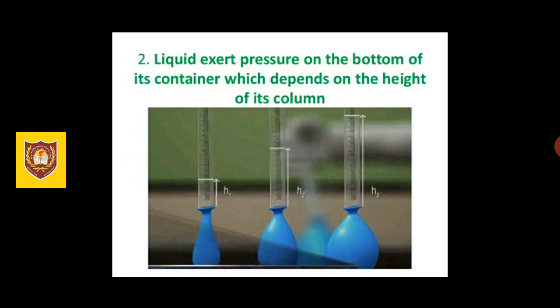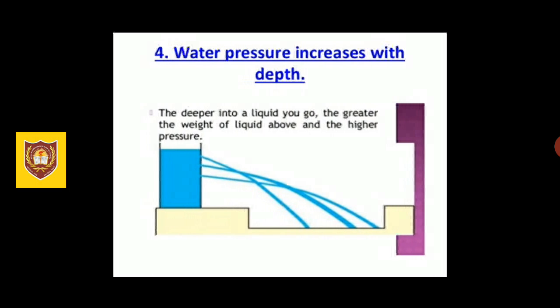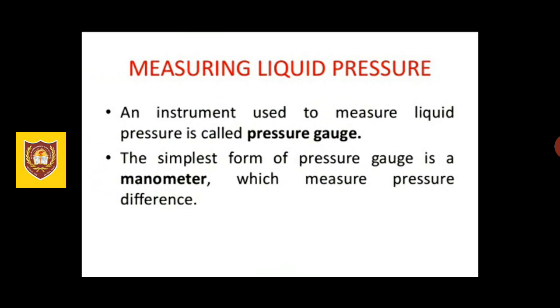The more the height, the more the pressure exerted in the downward direction. Liquid exerts equal pressure at the same height. Water pressure increases with depth. It means that the deeper into a liquid you go, the greater the weight of the liquid above and the higher the pressure.